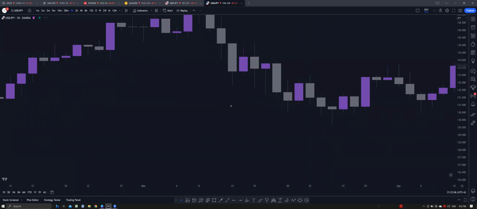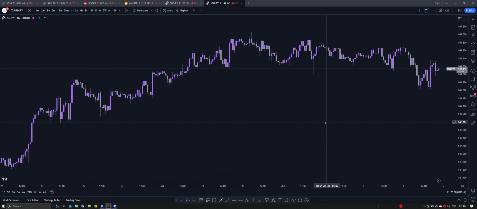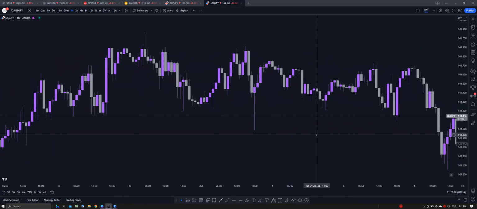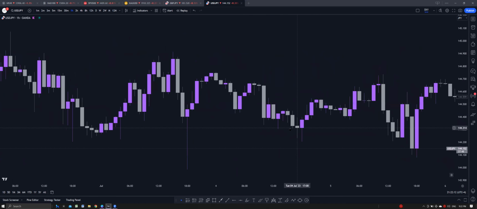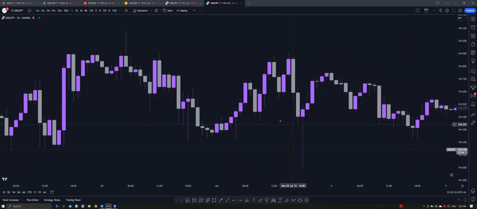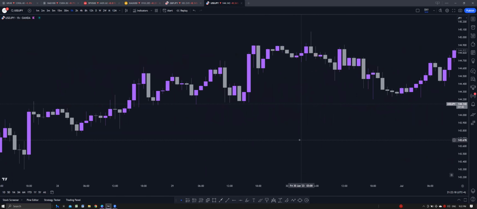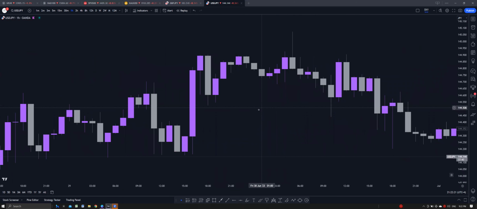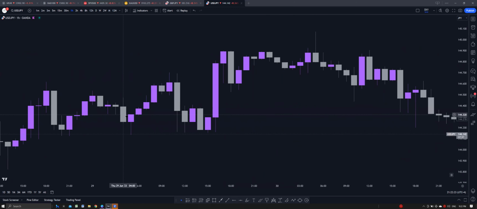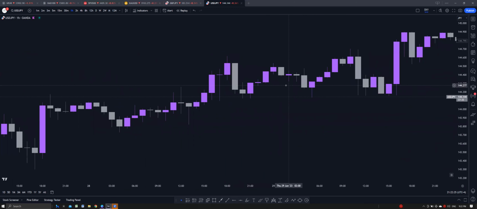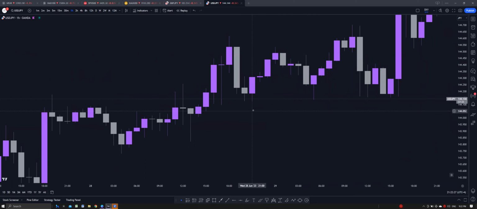Okay, let's go down to a lower time frame. Maybe we have a few more examples here. Okay, possibly. So we have a lot of heavy movement in this pair here. That's why it's a bit difficult, but okay.